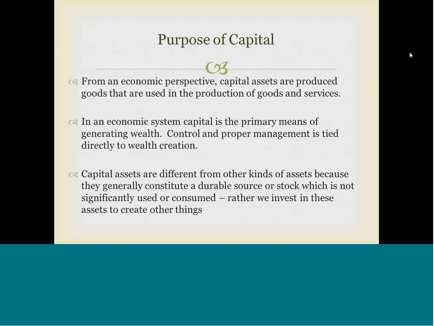Rather, we invest in these assets to create other things. So capital is a stock of inputs, but it's not inputs that are consumed on the same basis as other types of resources.